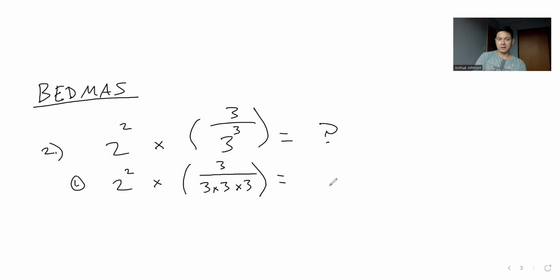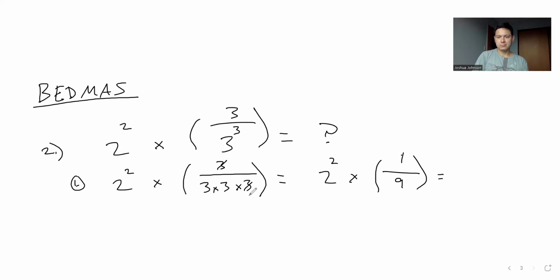Carrying that through, we're still working on those brackets: 2 raised to the second times whatever is inside the brackets, 3 divided by 3 times 3 times 3. There are different ways we can handle this fraction. I know that 3 divided by one of these 3's, they cancel. So then we're left with 1 divided by 3 times 3, which is 9.